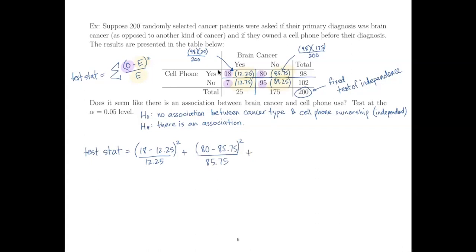Our next cell is 7 minus 12.75 squared divided by 12.75, plus 95 minus our expected 89.25 squared divided by 89.25.